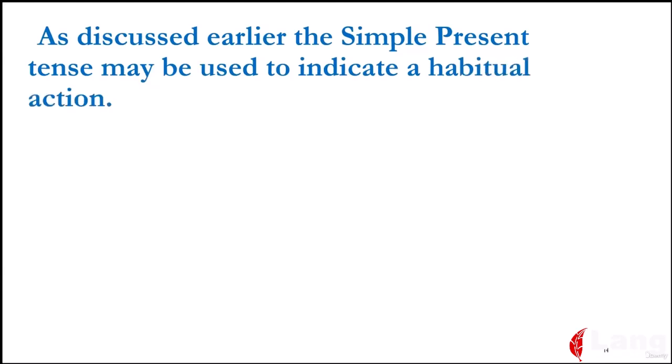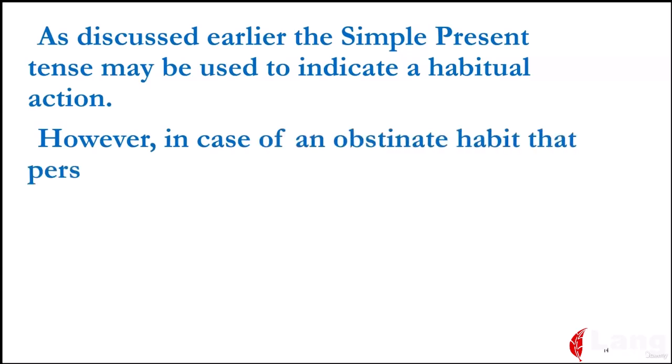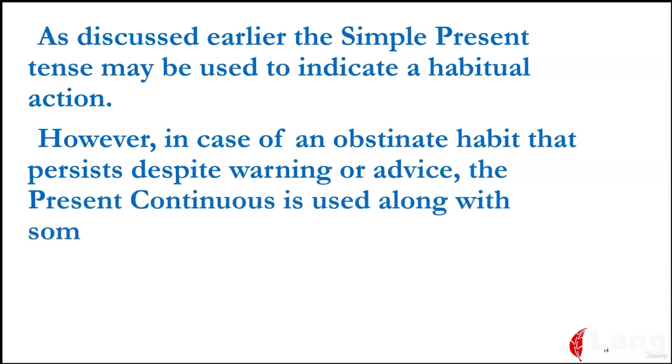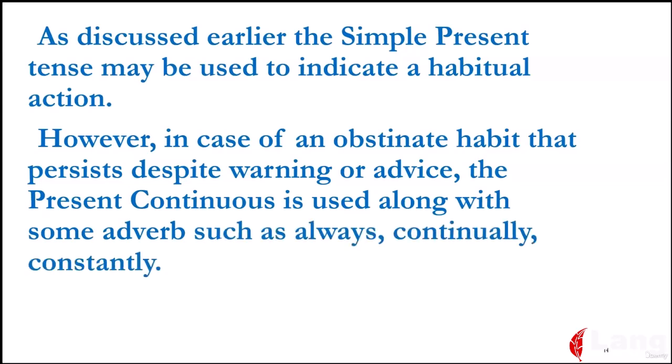As we discussed earlier, the simple present tense may be used to indicate a habitual action. However, in case of an obstinate habit that persists despite warning or advice, the present continuous tense is used along with some adverb such as always, continually, constantly.